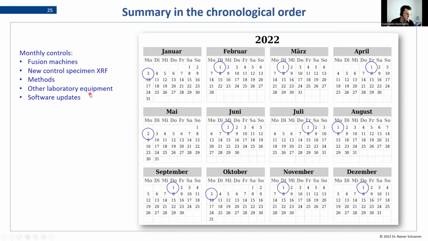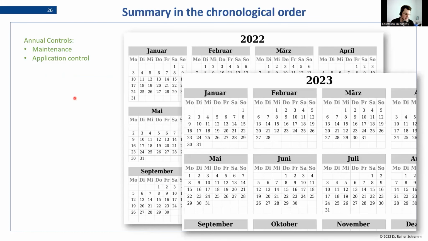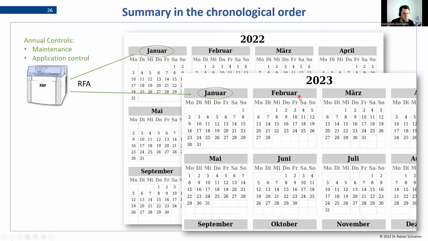Other laboratory equipment, well, let's say mills or something like that. And also software upgrades, software updates. So make sure that the machine you're using, especially if it's connected to a network, gets the software updates. And then finally, we have the annual ones. That doesn't necessarily mean you have to do it every January, but you have to keep it in the rhythm.